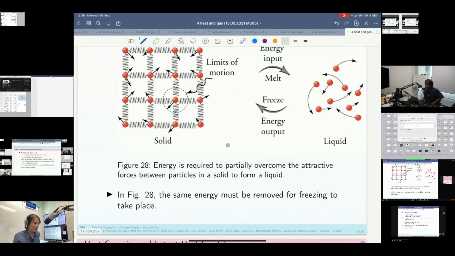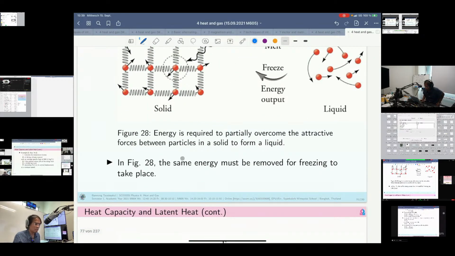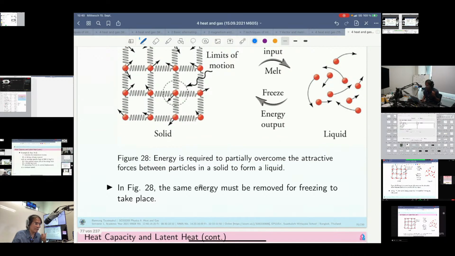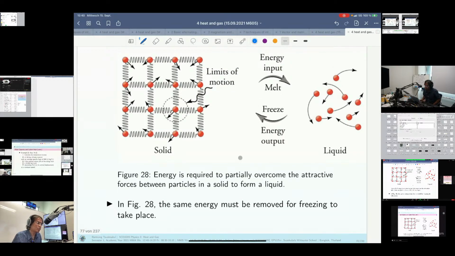The reverse process is called the freezing process. You take the heat out of the liquid and get the solid phase instead. The same energy must be removed for freezing to take place, the same latent heat value.